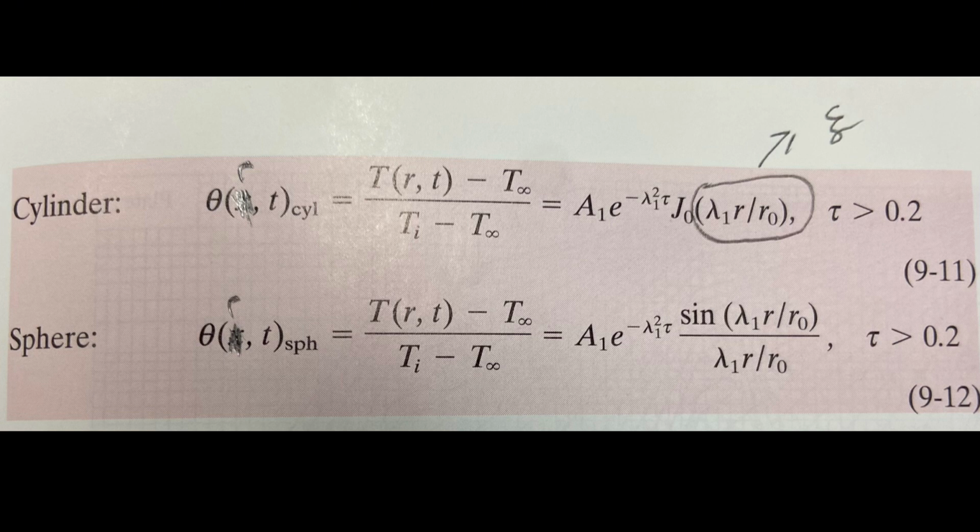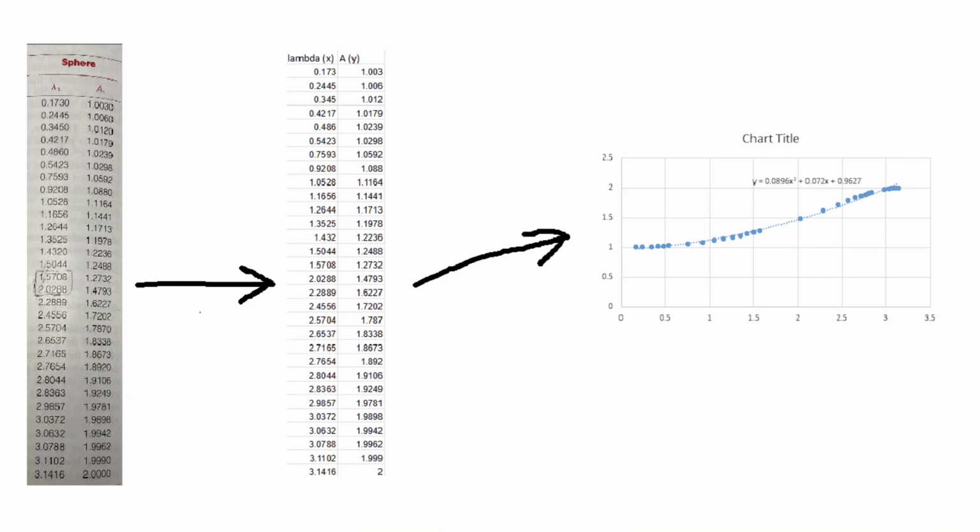But as you can see from this equation, there's a problem. We have 2 unknowns and only 1 equation. To get another equation, we use table 9-1, specifically the sphere section, and we plugged in all the numbers for lambda and A1 into Excel, and then we plotted those numbers, X being lambda and Y being A, and from there we were able to get a formula.